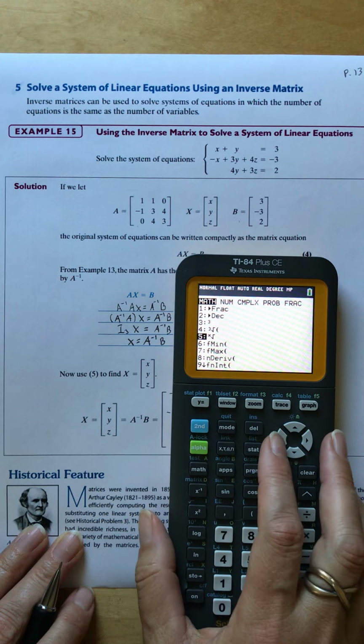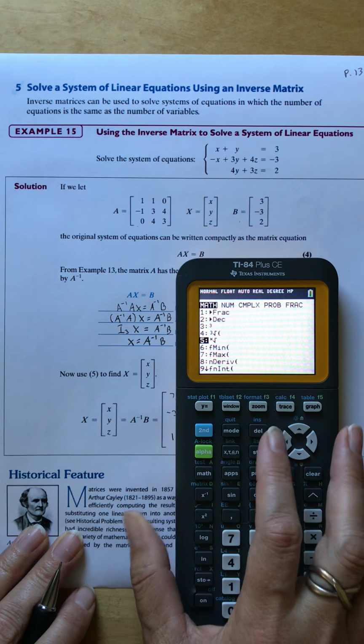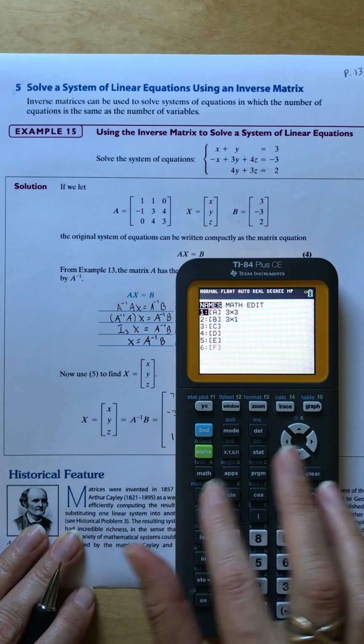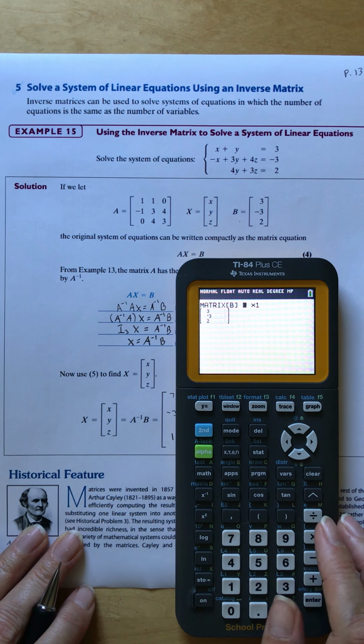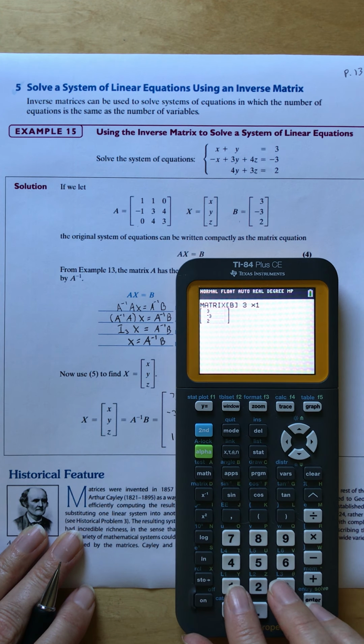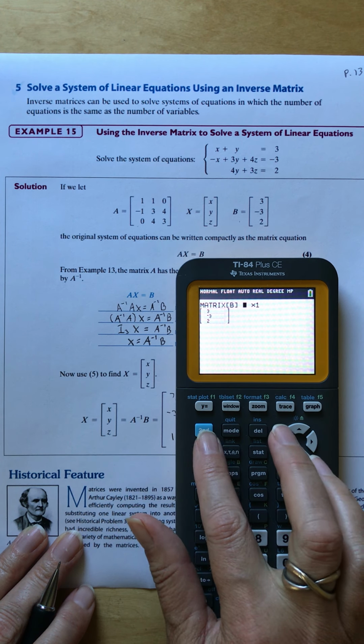We would find its inverse and multiply it by this, so we'd need another matrix. Edit. This one is 3 rows, 1 column. Oh, look, it's already in there from a year ago.